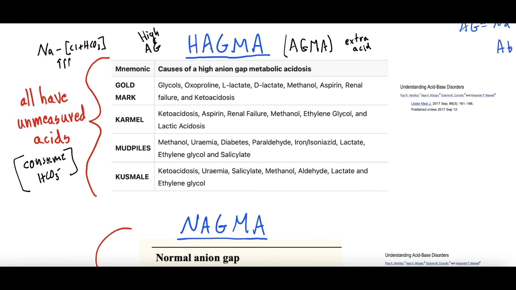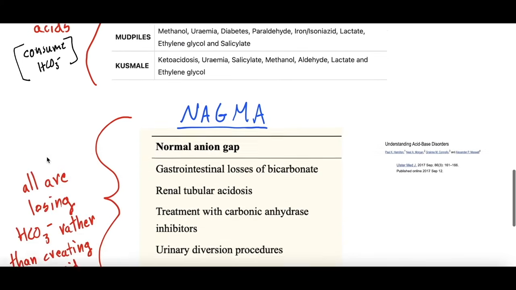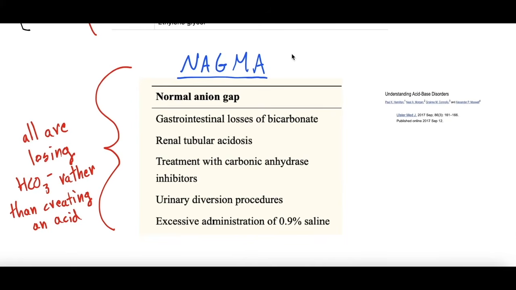All right? Whereas a non-anion gap, a NAGMA, as we talked about, you're just losing bicarb. You're not creating an extra acid. This is like GI losses of bicarbonate, you know, if you have a lot of GI losses.